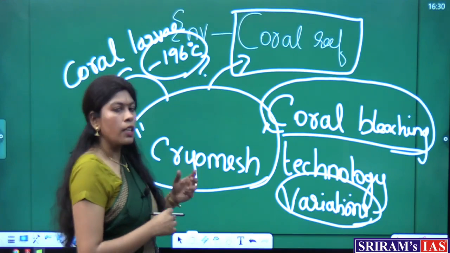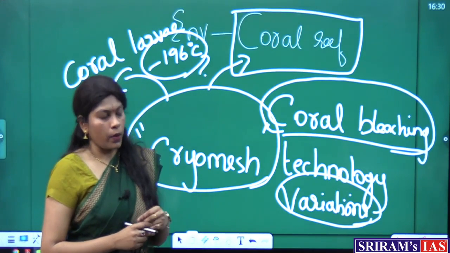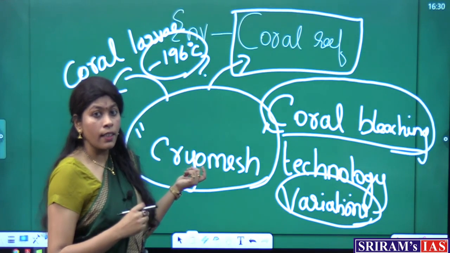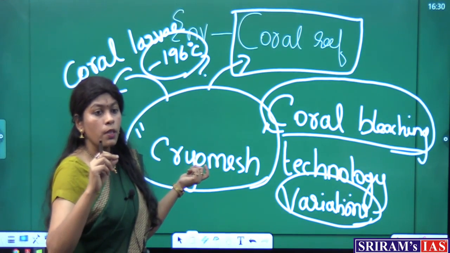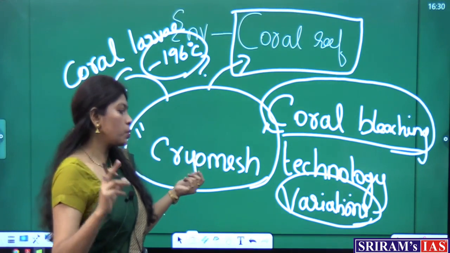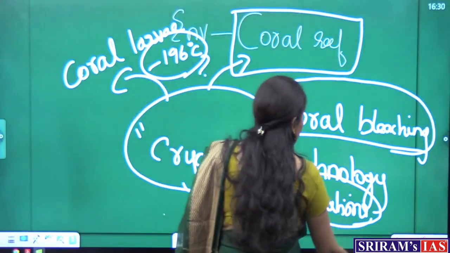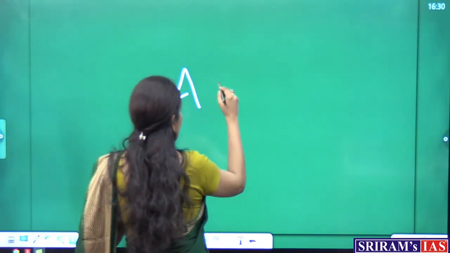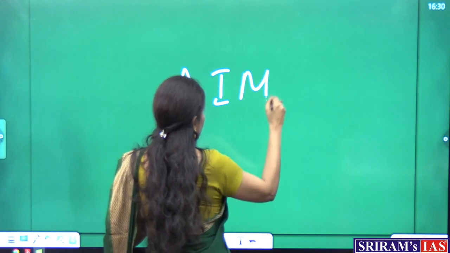If this appears in the exam, they may ask a question with this word, or else they may ask that this technology was developed by so and so, and give an option like UN bodies. So you have to be very clear that this is not developed by a UN body, it is developed by the Australian Institute of Marine Science.